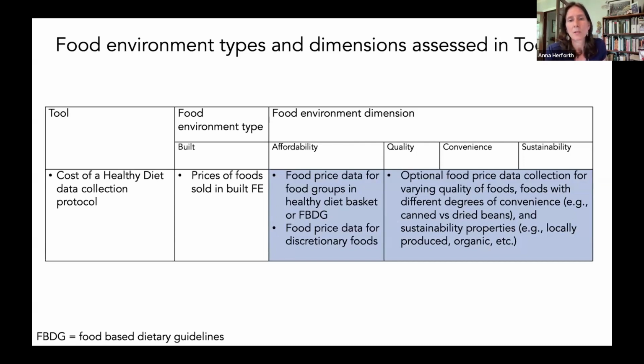For example, you could look at convenience in terms of a food item that is prepared and ready to eat versus a food item that would require someone to spend time to cook and prepare it, and you would expect to see a cost difference for that convenience premium. Similarly, if we look at sustainability, you could look at differences between organic or conventional produce, for example, and see what is the premium for supposedly higher sustainability.